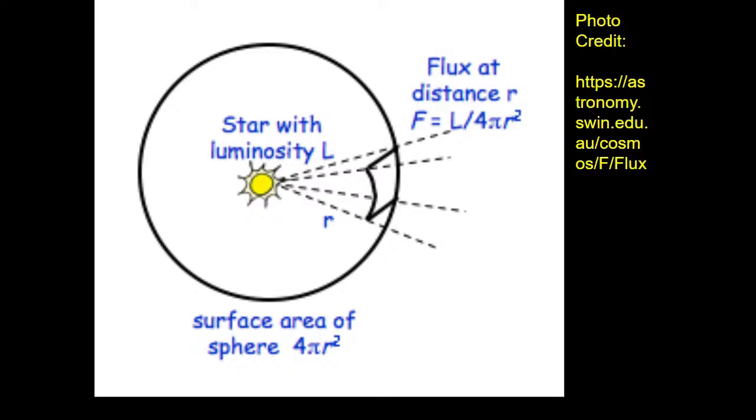Similarly, if you have a celestial source which can act like a standard candle, that means the luminosity can be measured independently, then by measuring the amount of energy received per unit area per unit time at the telescope, one can immediately find out what is the distance r of the source from us.